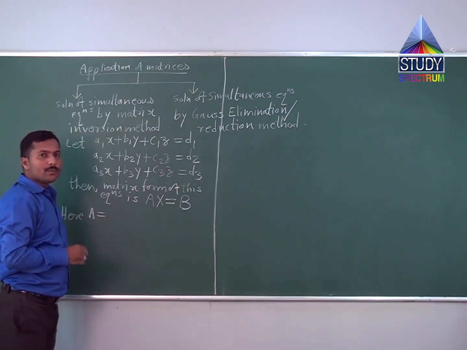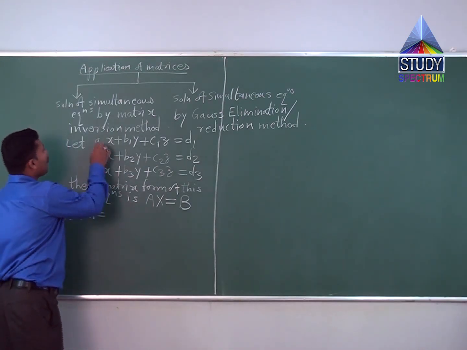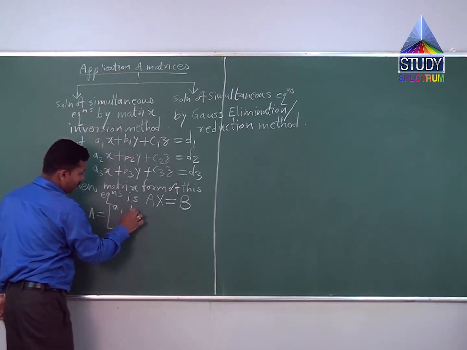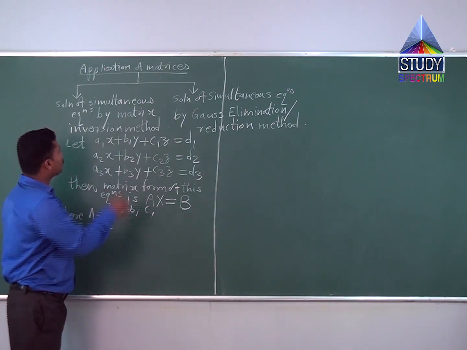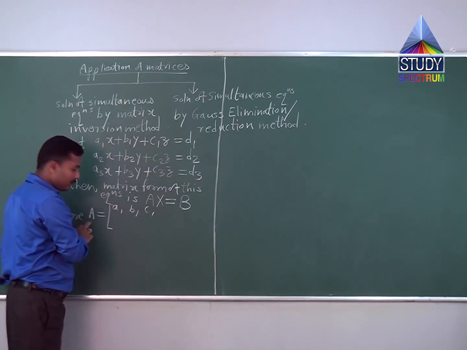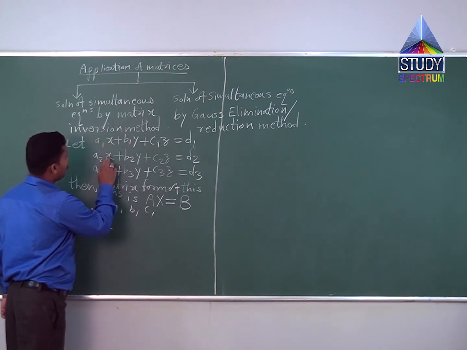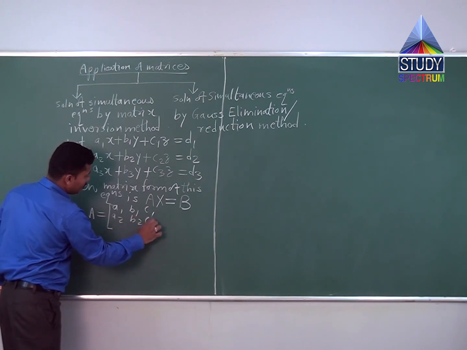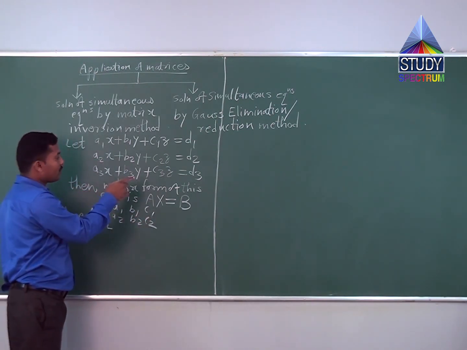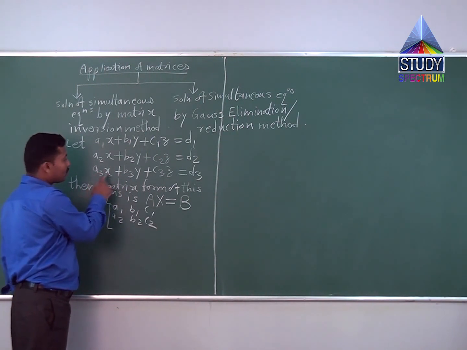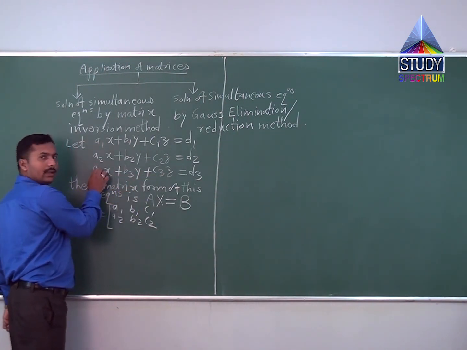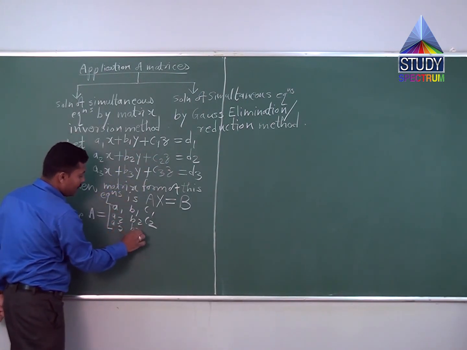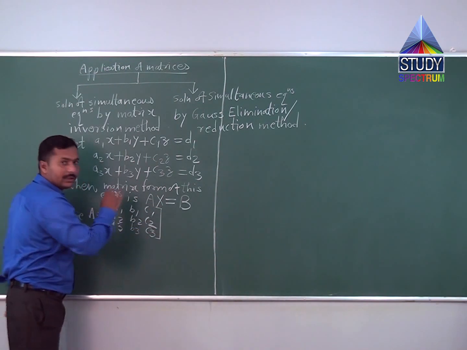That means the matrix of a1, b1, c1, then a2, b2, c2, and in the third equation the coefficients of x, y, z are a3, b3, c3. All coefficients of x, y, z lie in the matrix A.